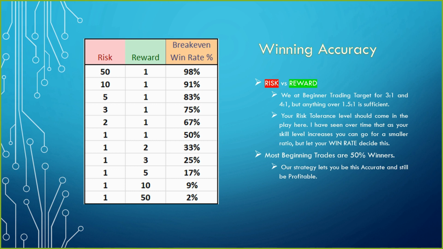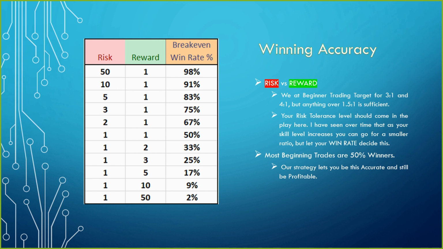These trades would be risking 1 to 2 or 1 to 3 on the reward side. We at Beginner Trading try to use that 3 to 1 and 4 to 1, but anything really over 1 to 1.5 is sufficient enough to continue getting.